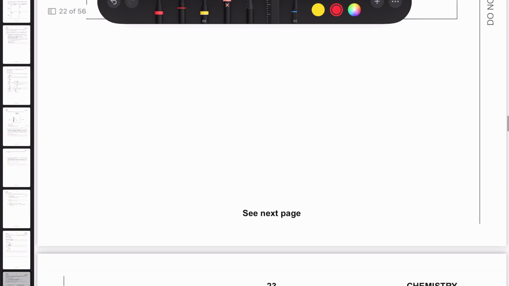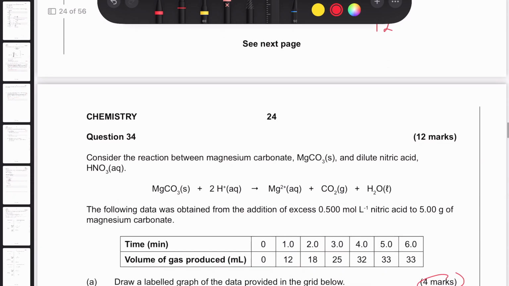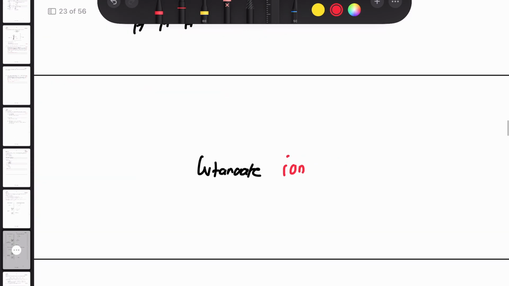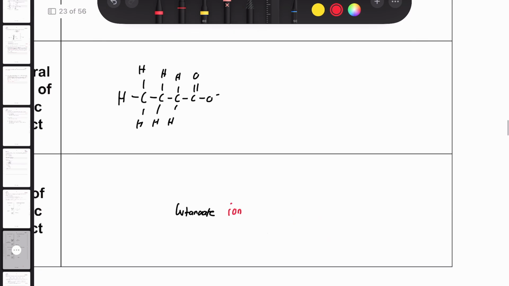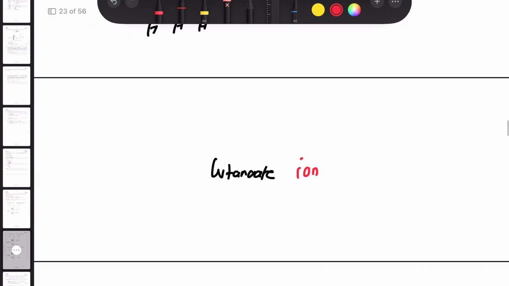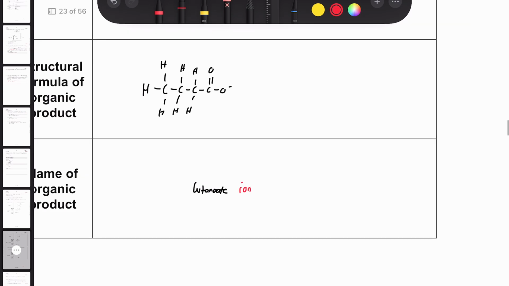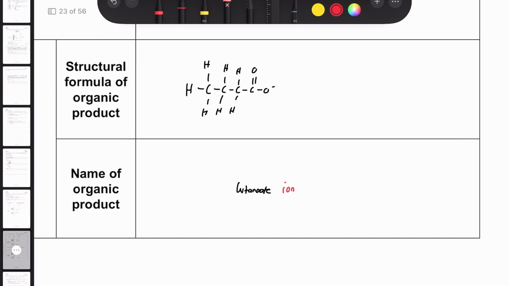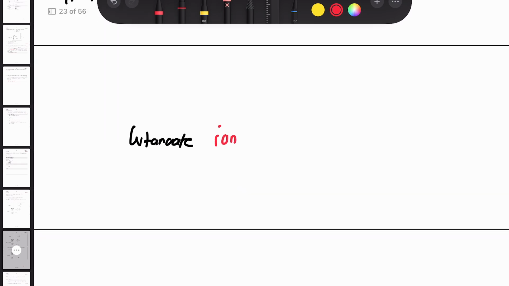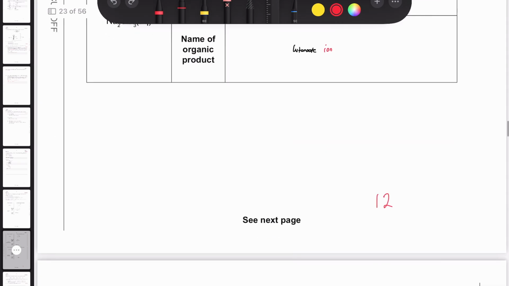Got the pH question right. All of these reactions of, oh yeah, here it says butanoate ion. I wasn't sure if I should knock off a mark because I got butanoate. If you search up butanoate in Google, it comes up with this, so I'm not sure. If I'm to mark the marking key, they should have said anion, but you know, it is what it is.